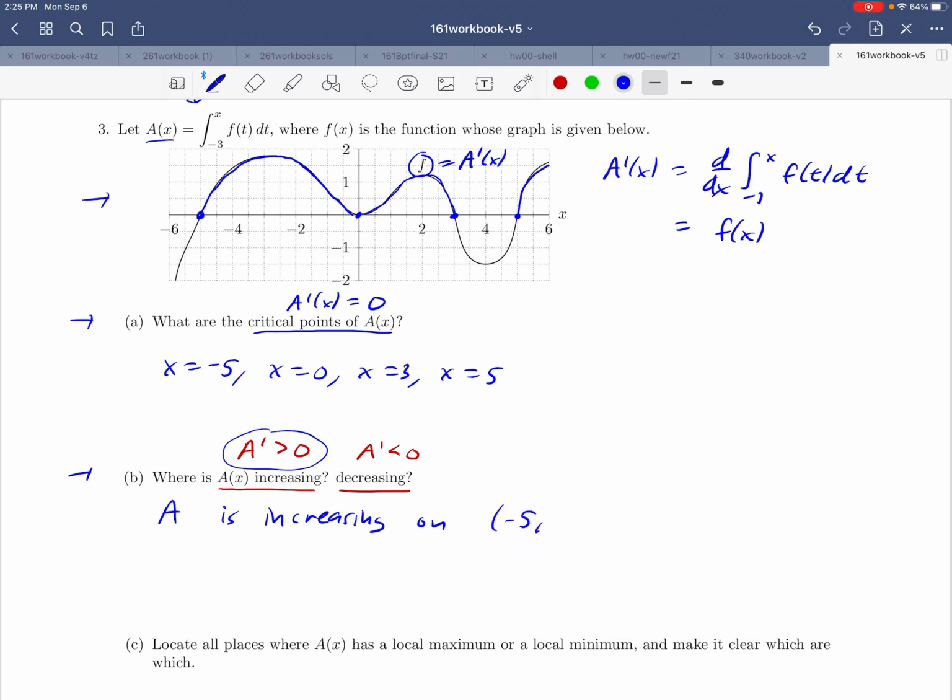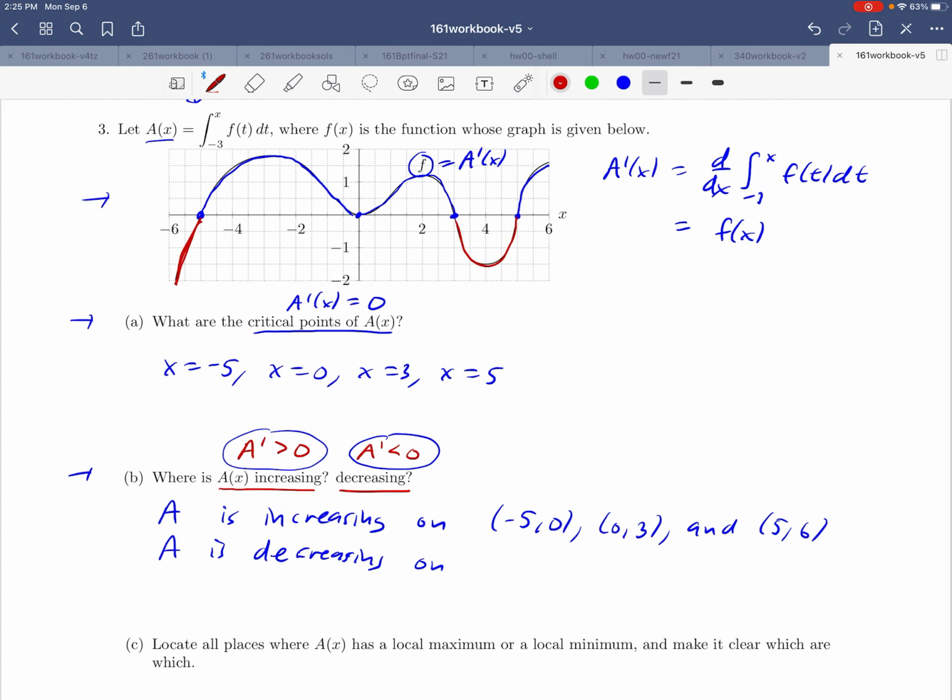So we're getting 3 intervals: -5 to 0, 0 to 3, and then finally 5 to 6. Those are places where A prime is positive. And then similarly, A is going to be decreasing whenever the derivative graph is below the axis, and I see 2 stretches, one from here to here and one from here to here that fit that description.